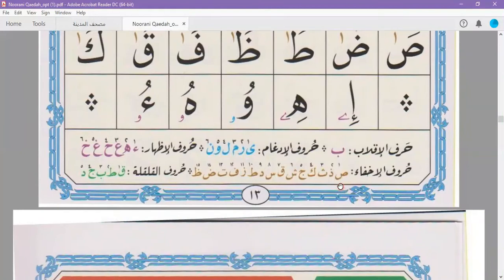Tuhfa is a gift. Al-Atfal, yani, kids. A gift of the kids. Yani, this poem is really short, and this was meant to be for the kids to understand basic rules of Tajweed.